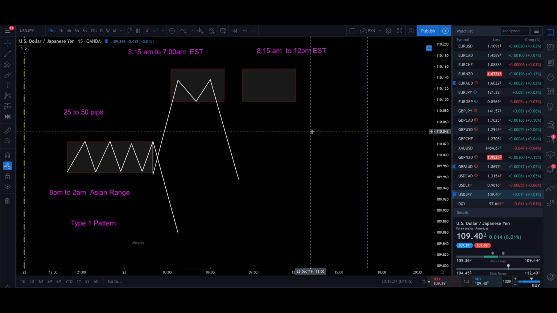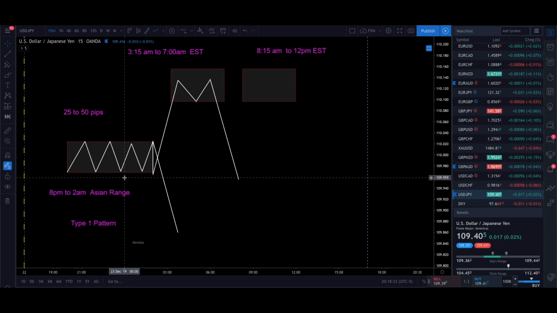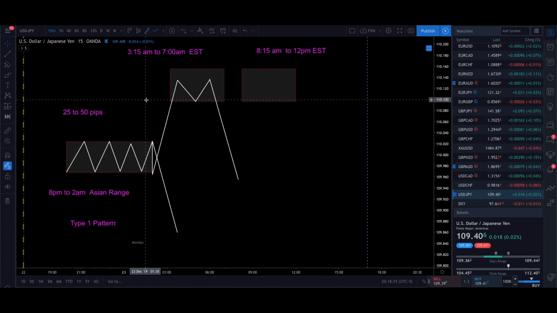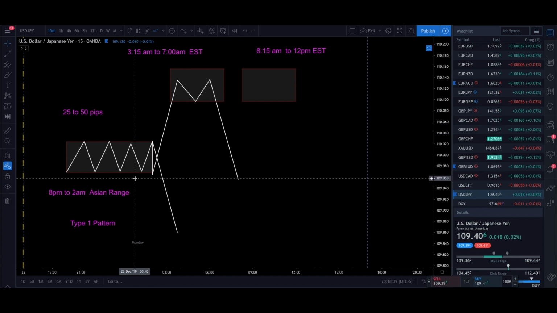Type 1 setups, all we're looking for is basically market makers to make a false move or push up or down that's outside of the box, anywhere 25 to 50 pips away from the top or the bottom of the box. Okay? That's the first thing that you're looking for on a type 1 setup. All right, so type 1 setup seems to be the most popular to trade because they're the easiest one to identify.